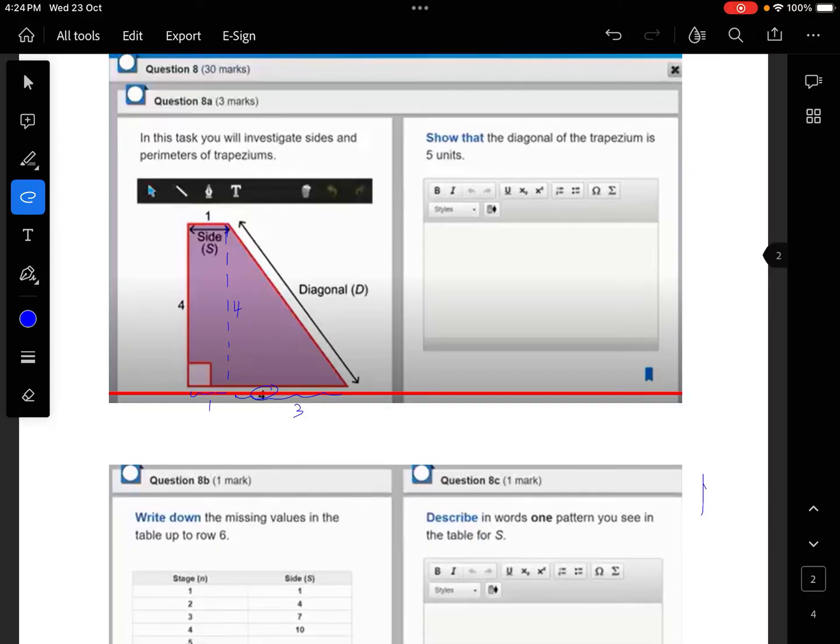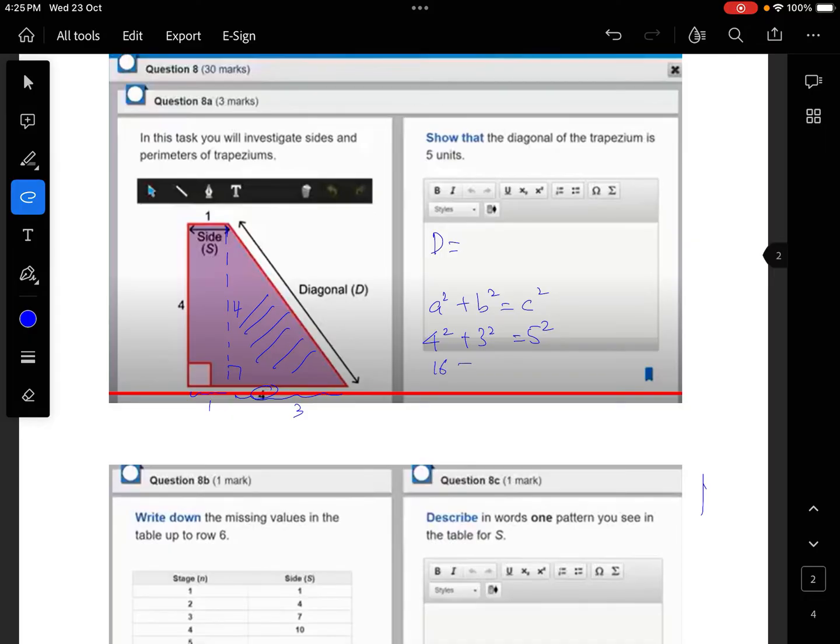This looks like a right angle triangle, so I could use Pythagoras to find the length of the diagonal. I'll call the diagonal D. The Pythagoras theorem is a squared plus b squared equals c squared, and D is the hypotenuse, so we have 4 squared plus 3 squared equals 5 squared.